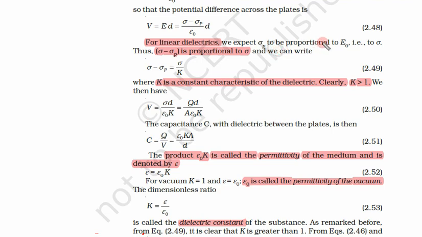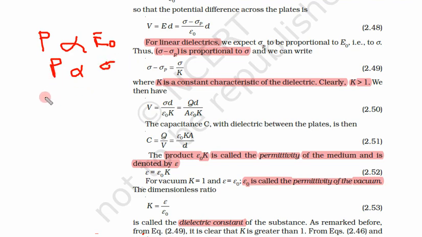Sigma p will be proportional to E naught, that was the polarization. This charge will also increase as the polarization increases. This sigma minus sigma p is proportional to sigma. How? This polarization is proportional to the external field E naught, and this E naught was sigma upon epsilon naught, so this is proportional to sigma.